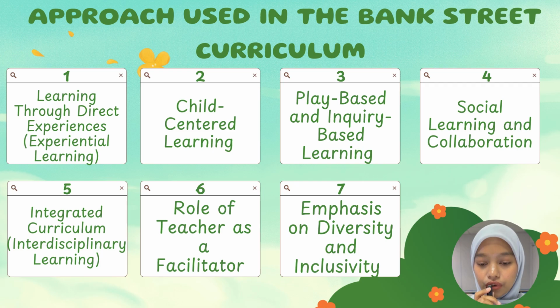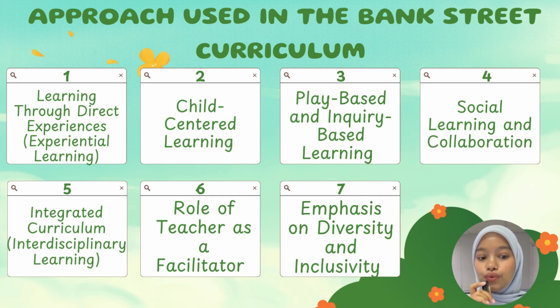Instead of focusing solely on textbooks or memorization, children engage in hands-on, real-world experiences such as field trips, creative play, and inquiry-based projects. For instance, instead of just reading about animals, children may visit a farm, observe various species, and discuss their characteristics.